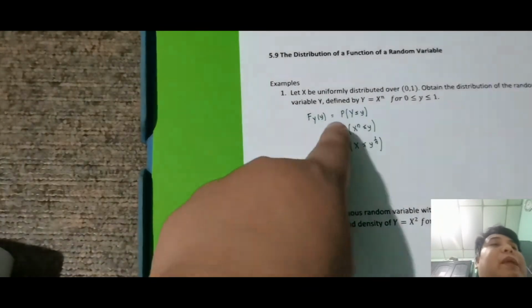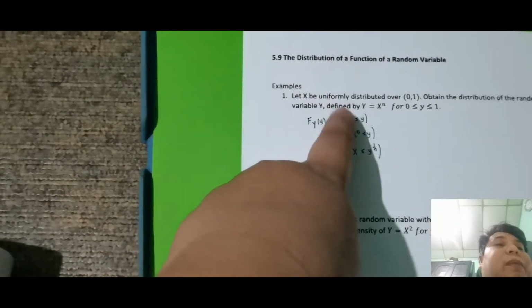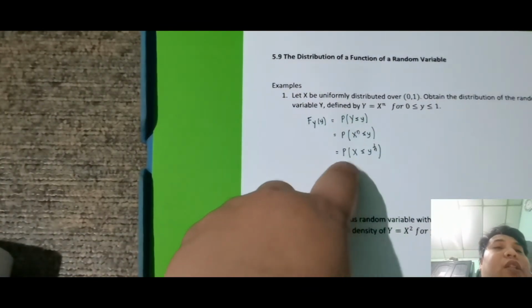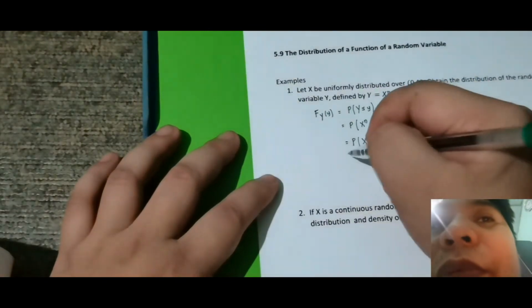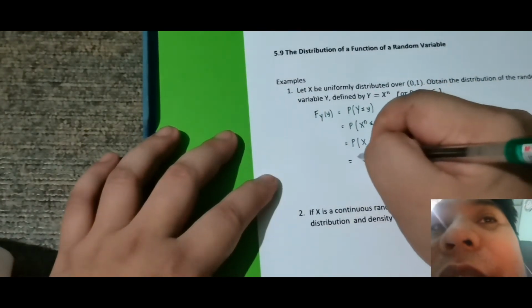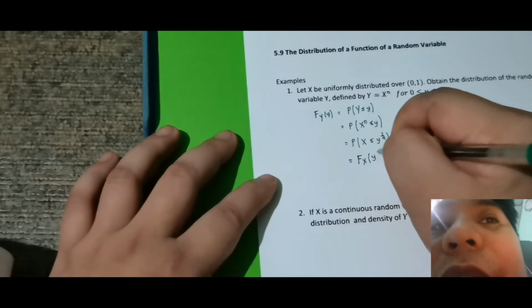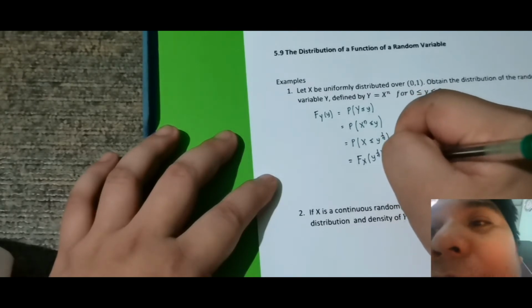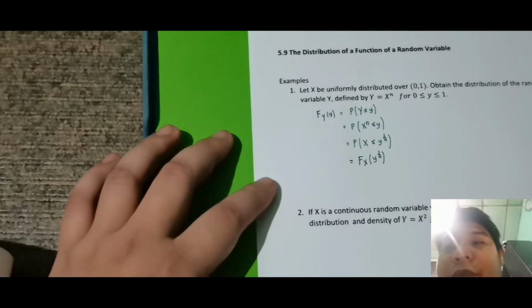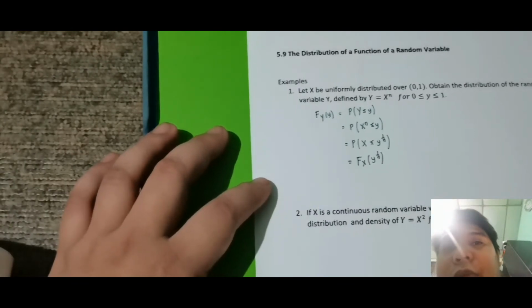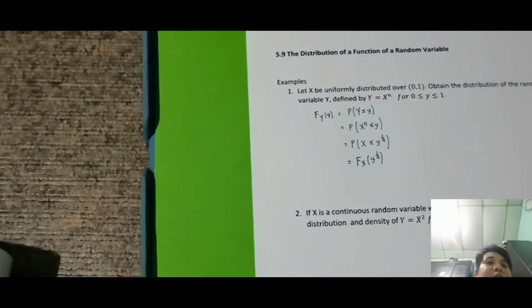Okay? Now, since nagpalit na tayo ng random variable, so napansin mo, from y naging x na siya. So, pwede na natin itong palitan from f of x. So, this is just f sub x of y raised to 1 over n. Okay, so f of x equal to y raised to 1 over n.